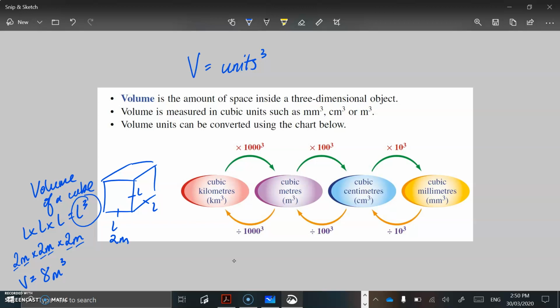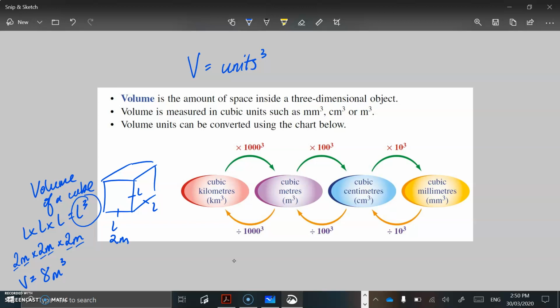Okay, so that's the context of units cubed for volume. And just as with area and perimeter, I want you to be really clear on how to convert from one volume measurement to another. There are 1,000 meters in 1 kilometer, but instead of converting from kilometers to meters, we're converting kilometers cubed to meters cubed.